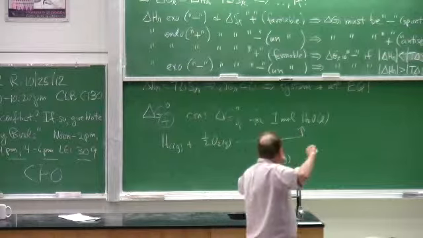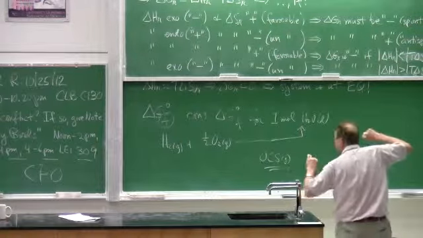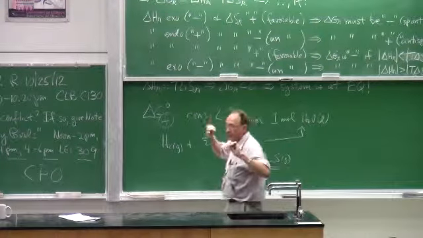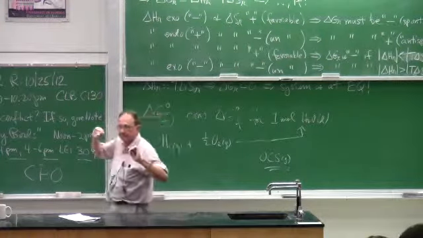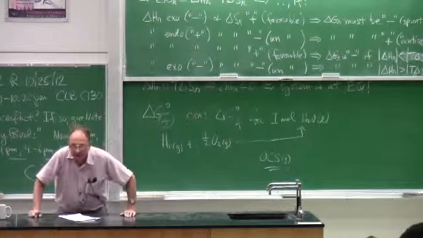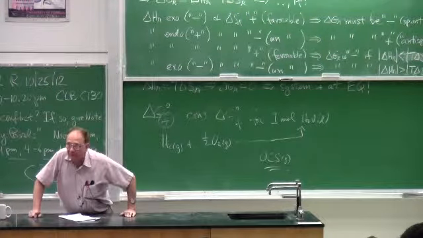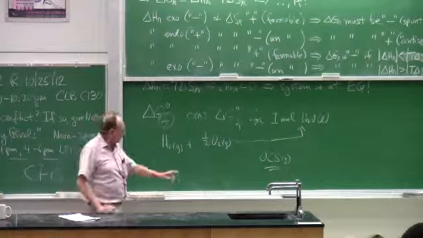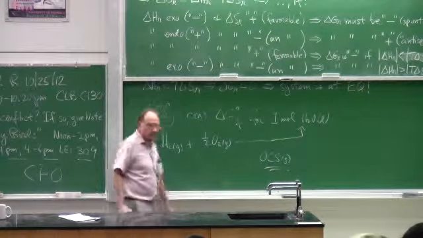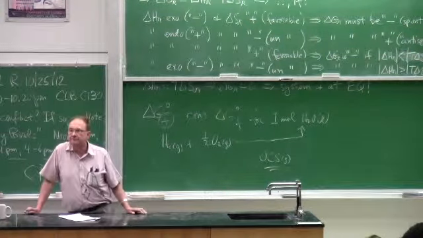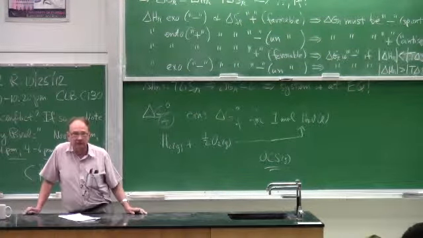On your paper right now, write the reaction equation for which, if you were able to run the reaction and measure the change in standard free energy, you'd get delta G sub F super zero for OCS. What is the reaction equation?